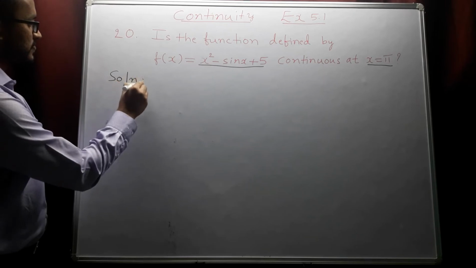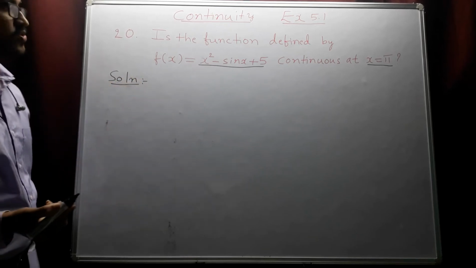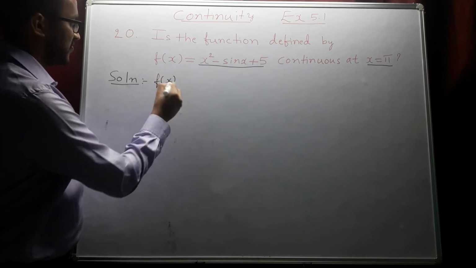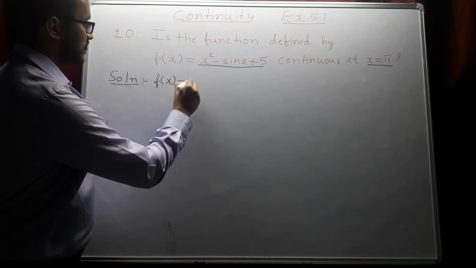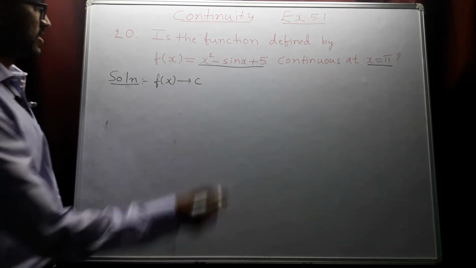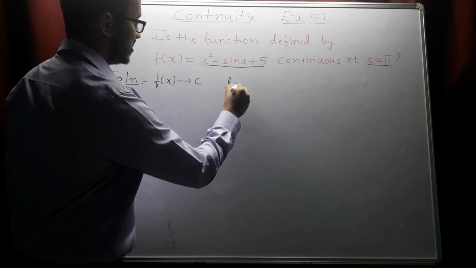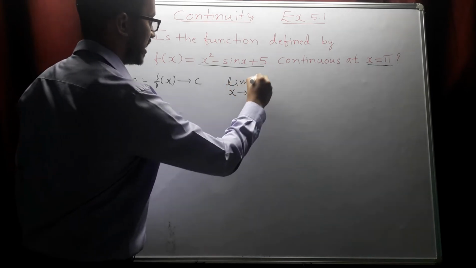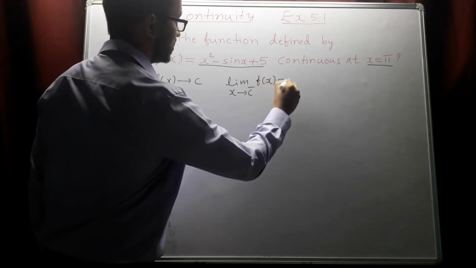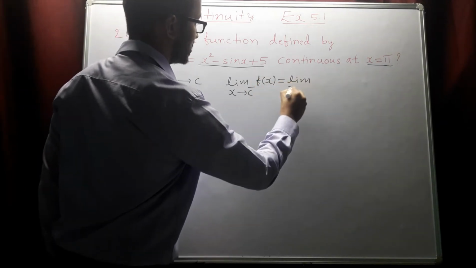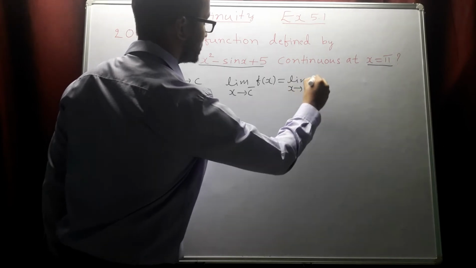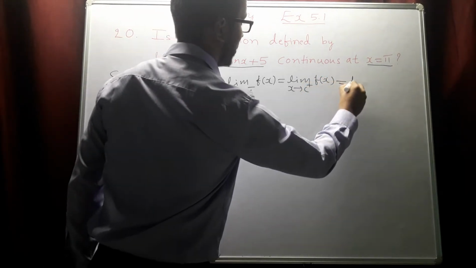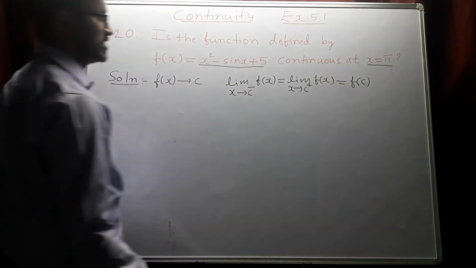Solution. So we know that a function f(x) is continuous at the point c if the left hand limit, which we denote by limit x tends to c minus f(x), is equal to the right hand limit, that is limit x tends to c plus f(x), which is equal to the value of the function at the point c.